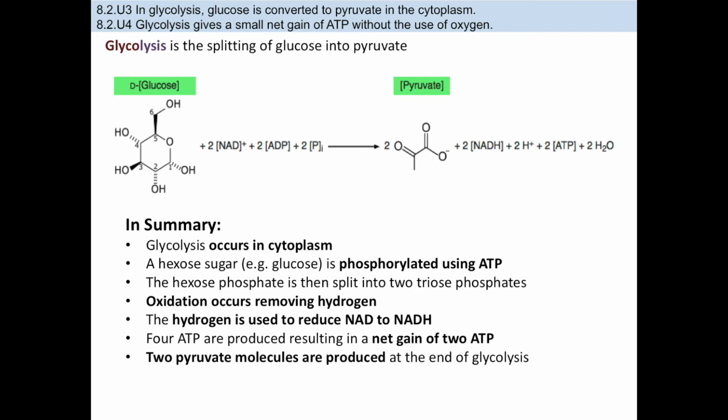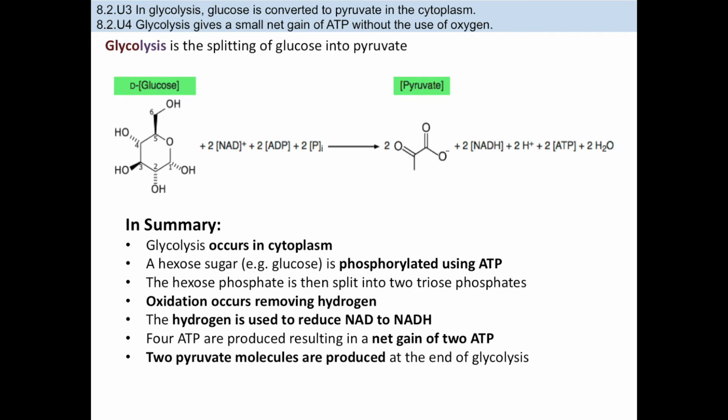Step 4, you can say oxidation. Oxidation, or how can you summarize it? Oxidation, removing hydrogen. Triphosphate is oxidized while NAD plus is reduced.